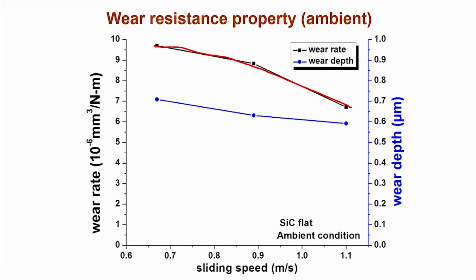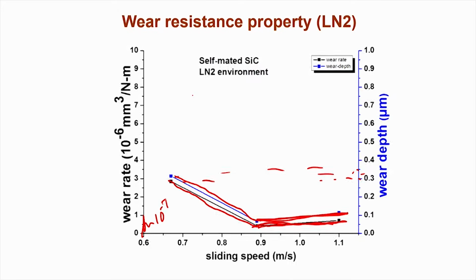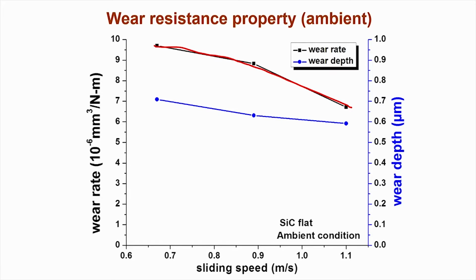The same is true for the wear depth, but if you compare both numbers here to the liquid nitrogen sliding conditions, because both the y scales are the same, as you notice here, then you are convinced that room temperature sliding conditions lead to more wear of the self-melted silicon carbide under these particular sliding conditions on a pin on disc tribometer.